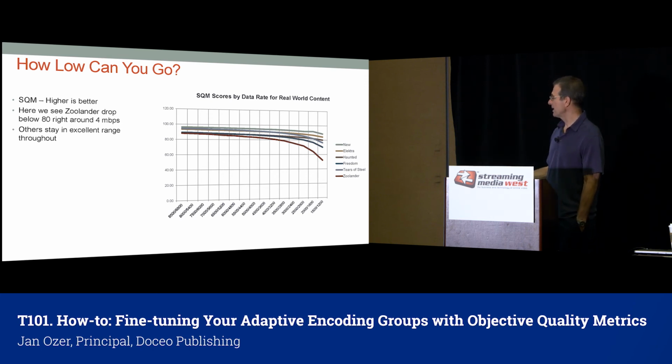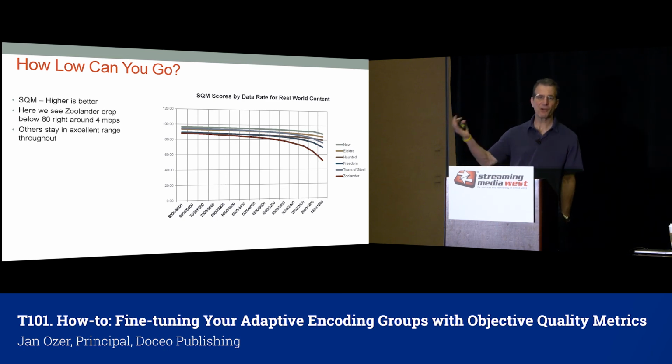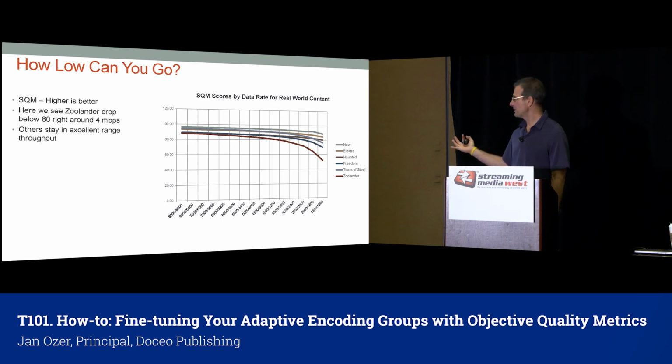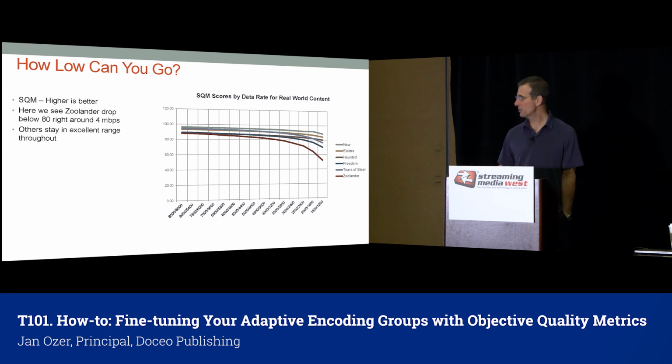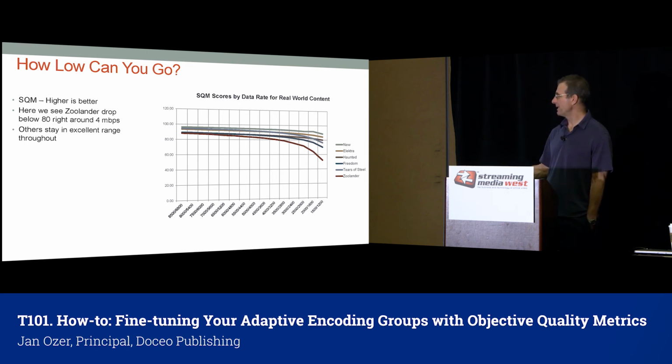And here we're seeing, sorry the colors are a bit inconsistent, but I think Zoolander is the only clip that drops below 80 before 3,500 kilobits per second. So what this is telling us is that if you're encoding your 1080p files at 5 or 6 megabits per second, you probably are wasting bandwidth, because you could encode at much lower data rates and still be in the 80 to 100 range that will be viewed as excellent by your viewers.